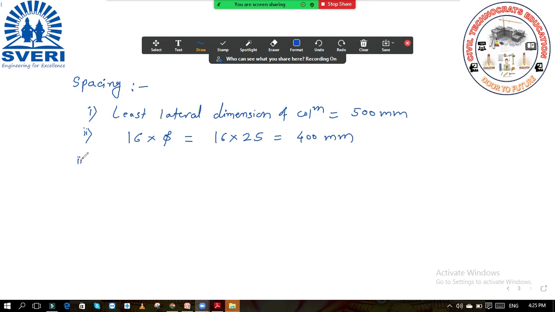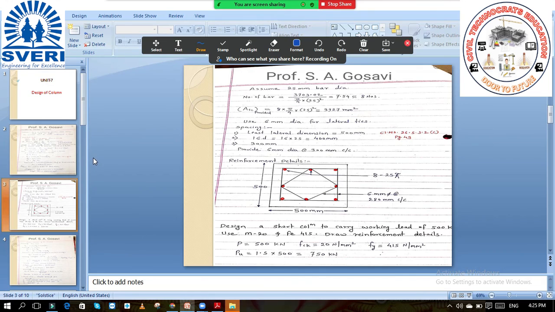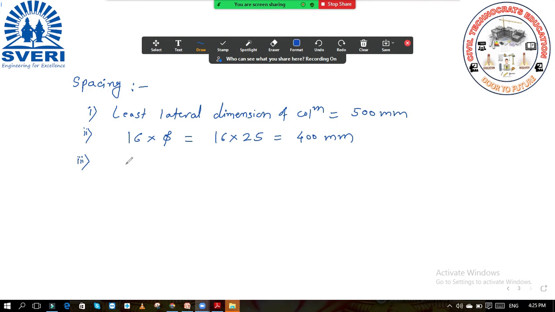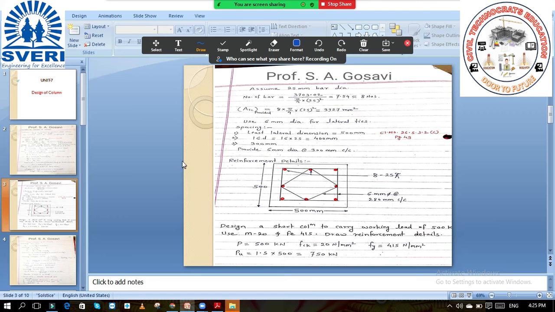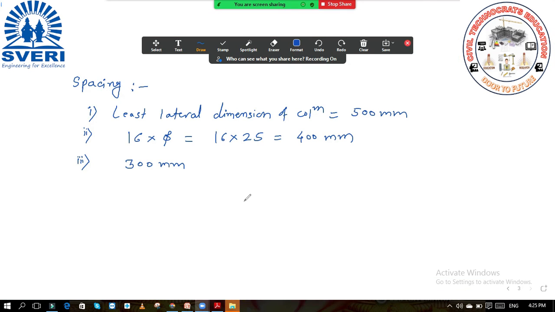And third, in no case it should exceed 300 mm. In no case it should be more than 300 mm. So now consider the least of these. Least of these.